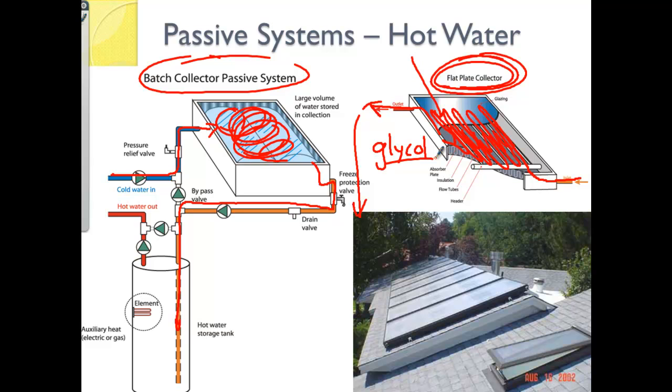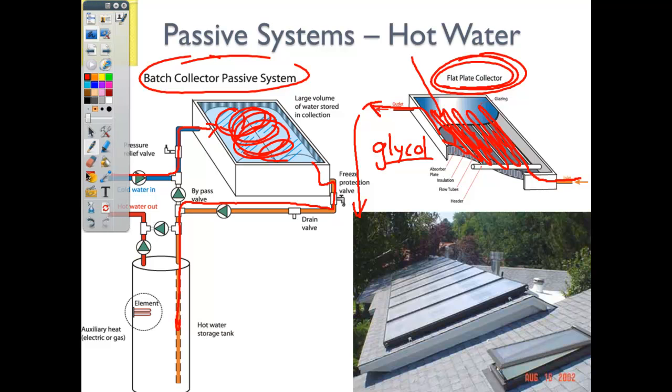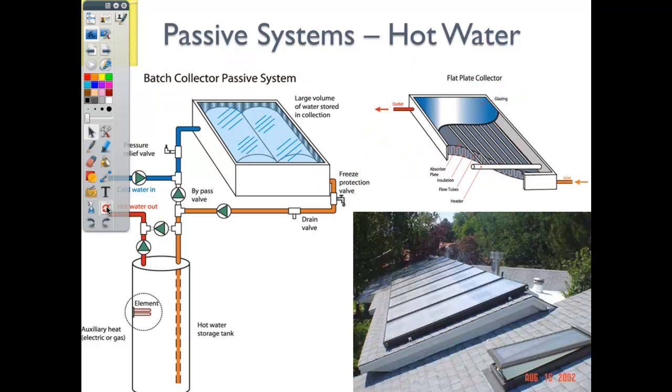The glycol protects your system, and you bring hot water in through pipes and let the cold water come in contact with those hot pipes, which heats it up in what they call a heat exchanger. It's a very simple process that generates a fair amount of energy, and then you use it through your hot water system in your house. So hopefully that makes a little bit of sense.